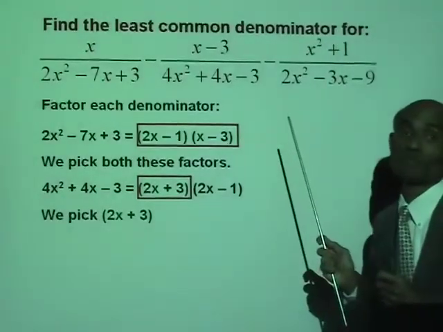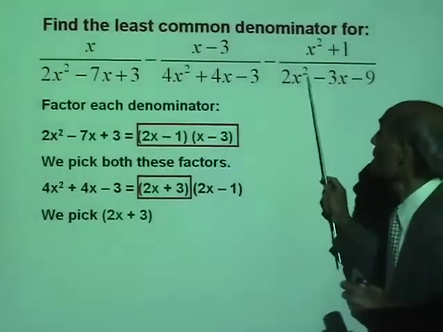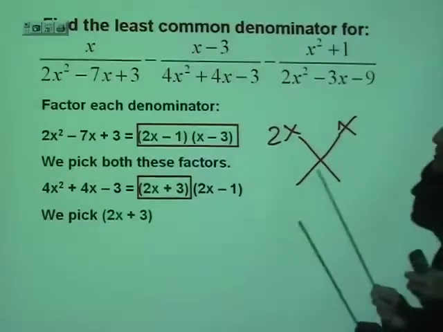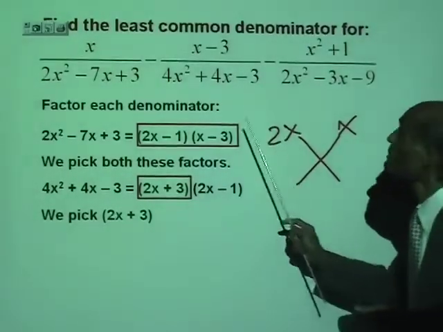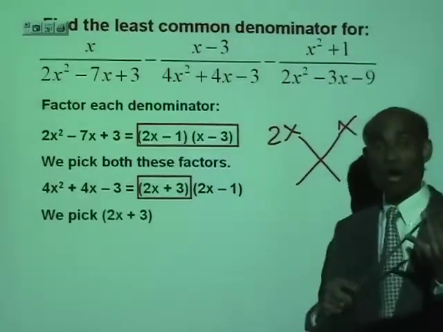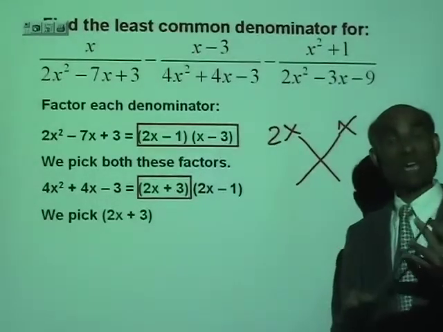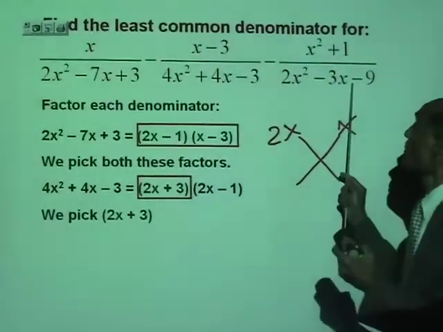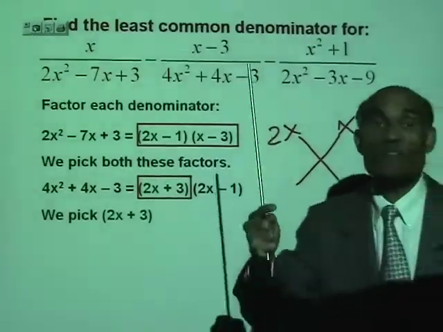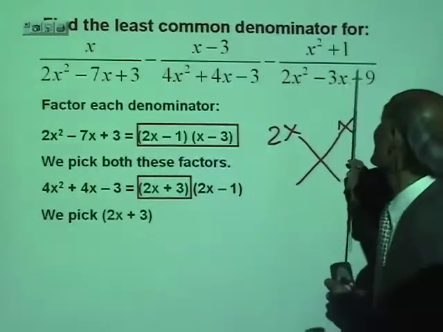That's the clue. Alright, factor 2x squared as 2x times x. And remember, I said 3 times 2. So obviously it means negative 9 has to be factored as a positive 3 times a negative 3. You see? One has to be positive, the other negative. Only that will multiply to give you a negative number.